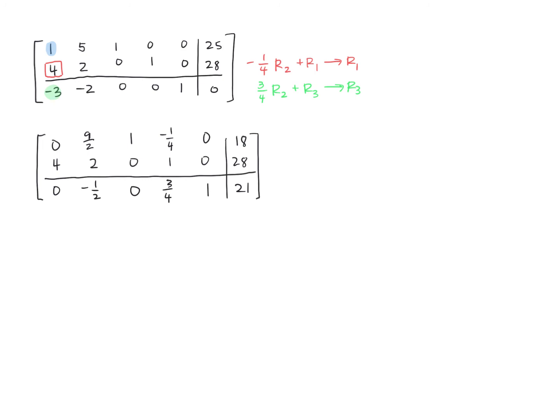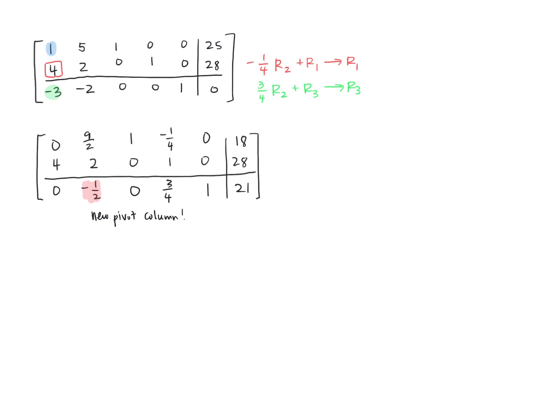So we're going to see that -1/2 in the bottom is still negative. So this is now going to be my new pivot column. And again, it's because I still have a negative on the bottom. So I want to change that. So there's my pivot column.